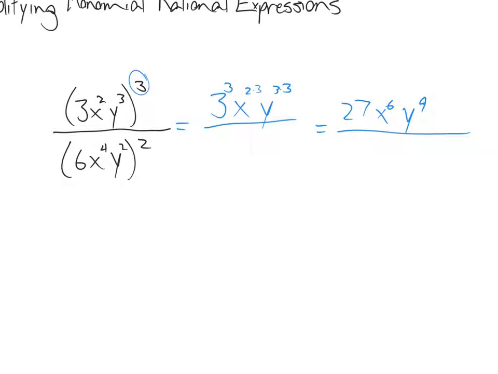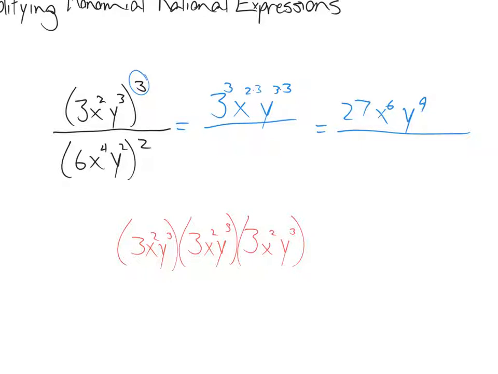Now, if you're not sure, or if you can't remember, just remember what cubing something means. It means you're taking something and you're multiplying it by itself, and then you're multiplying it by itself again. Cubing something just means you're making it a factor 3 times.